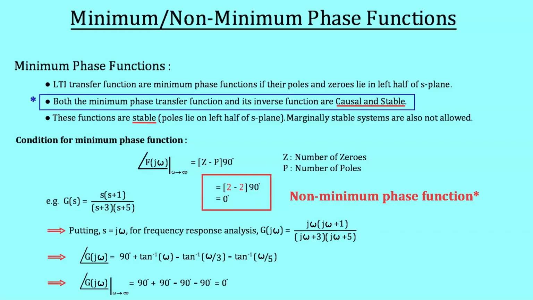Similarly, the zeros of the transfer function will become the poles of its inverse function. Since for the considered transfer function there is one zero present on the imaginary axis, its inverse will have a pole present on the imaginary axis, which will make the inverse function a marginally stable system. That's why zeros on the imaginary axis are also not allowed.